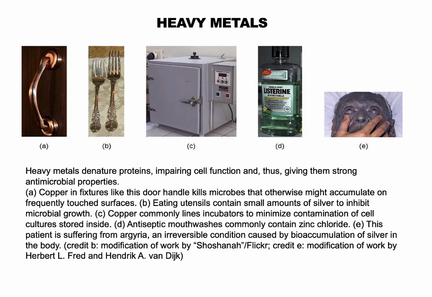Additionally, copper coatings are gaining popularity for high-touch surfaces like doorknobs and cabinet hardware in healthcare settings to limit the spread of microbes. Nickel and zinc coatings are also being applied for similar antimicrobial purposes.